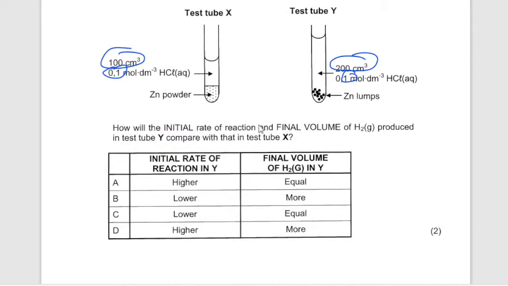So what are they saying? Will the initial rate and the final volume of hydrogen produced in test tube Y compare with that of X? So what will happen here?